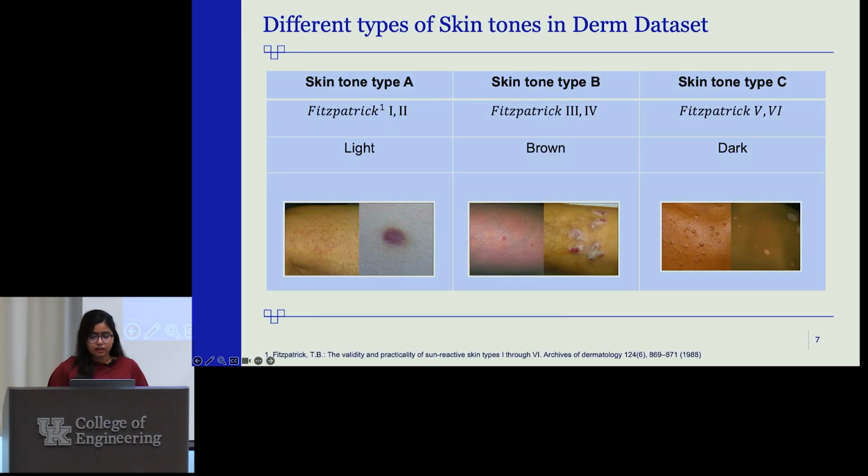Based on the Fitzpatrick skin tone scale, we define 3 different types of skin tone: type A, B, and C. A is the lighter skin tone, B is the brown skin tone, and C is the darker skin tone. Here are some samples from the Fitzpatrick dataset, sampled for skin tone type A, lighter skin tone, type B, brown skin tone, and C, the darker skin tone.